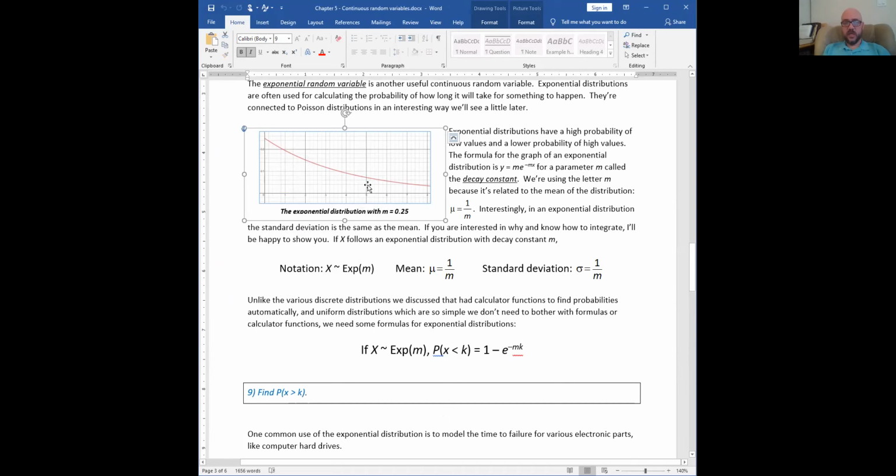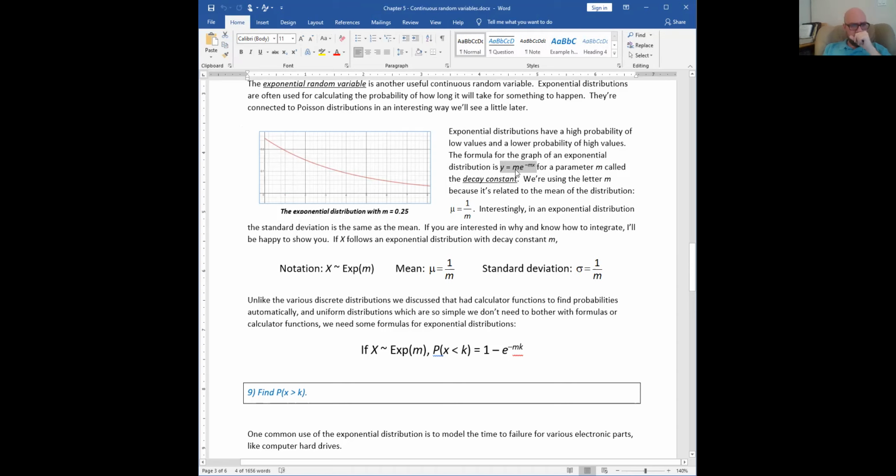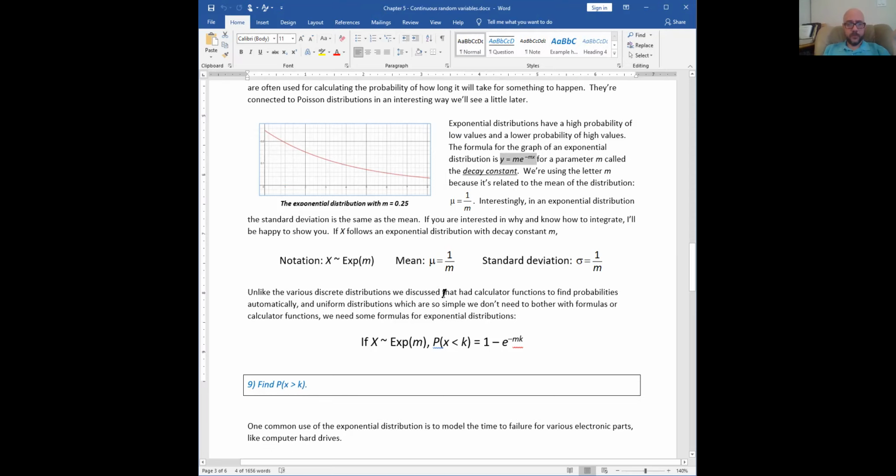And the formula is this with m, which is 1/4, plugged in here. So it's y equals 1/4 e to the minus 1/4 x, or if you prefer, 0.25. I don't care if you use fractions or decimals, they're the same numbers.